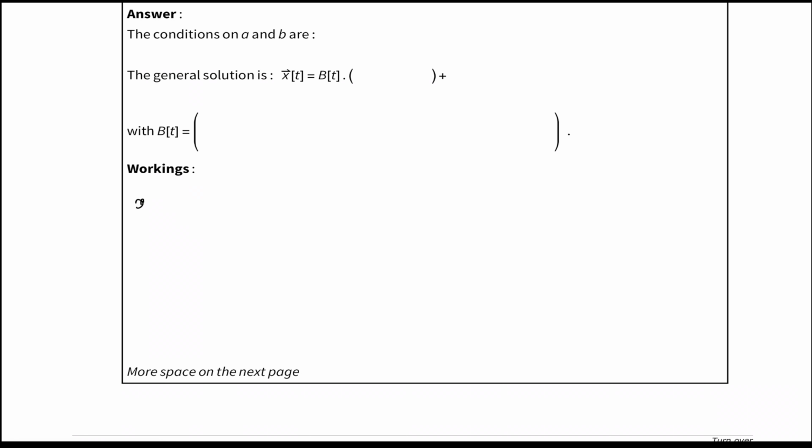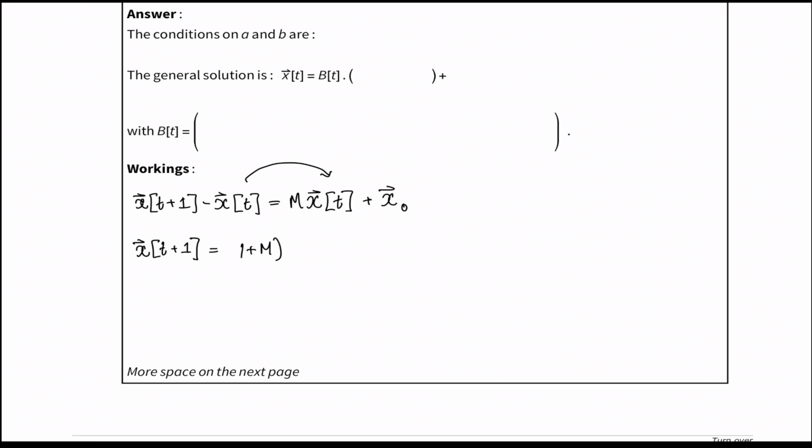If I rewrite our difference equation, this is what we have so far. I'm now going to move this to the other side, so that we get 1 plus M, and then the vector x_t plus x0.